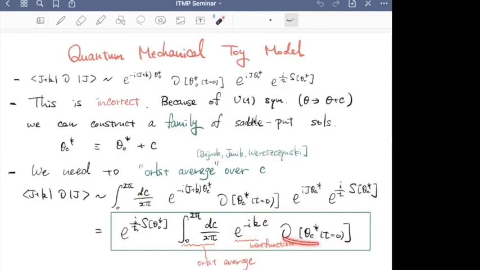And then we have some operator insertion, and we have integration over c. This integration is precisely what I call the orbit average, whereas this part is the wave function contribution, which is the second contribution that they are missing in the literature. So basically, this quantum mechanical toy model captures everything.